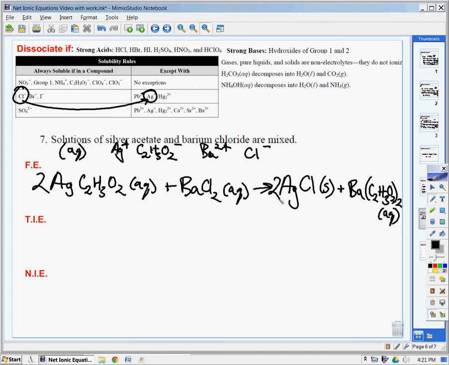All right, when we go to the total ionic equation, remember the precipitate's the only thing that's going to stick together. Everything else will be broken up because everything else in the equation is aqueous. Wow, this is going to be pretty lengthy. But you know at this point that lengthy, tedious writing is pretty typical in these reactions.